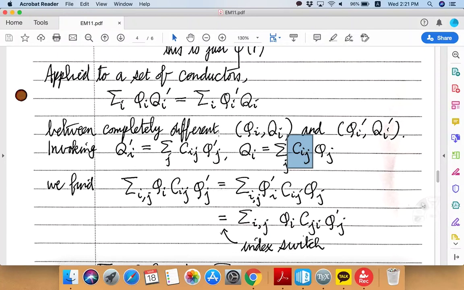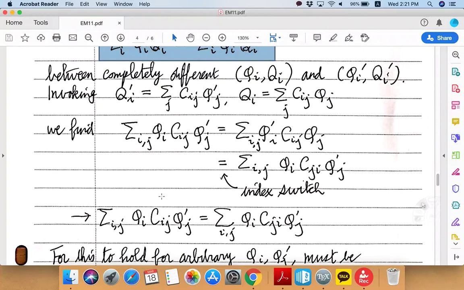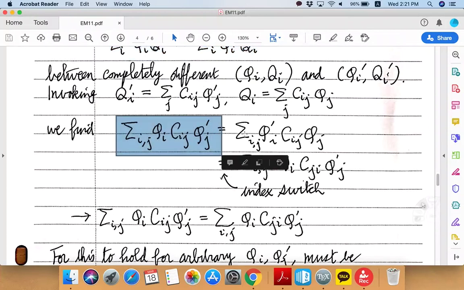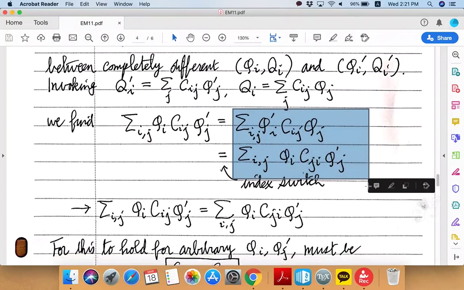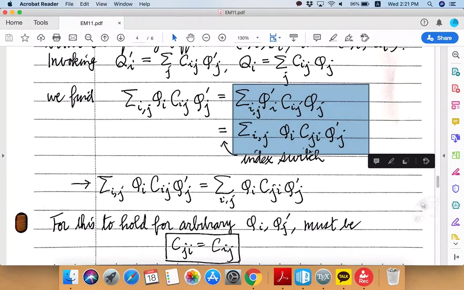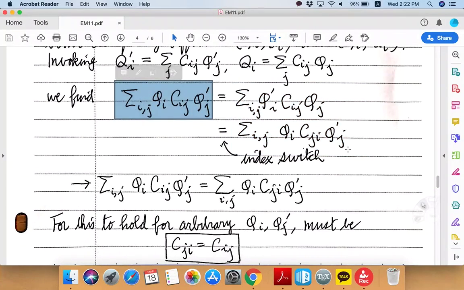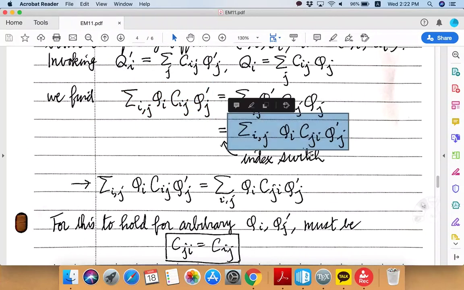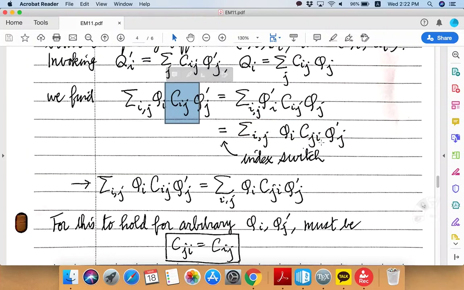Okay, so when we insert these two expressions for Q prime and Q back into this formula, we find that there's this equivalence between this expression and this expression. And by comparing the first expression with the last expression, you see that the only thing that changed was that C ij became C ji.